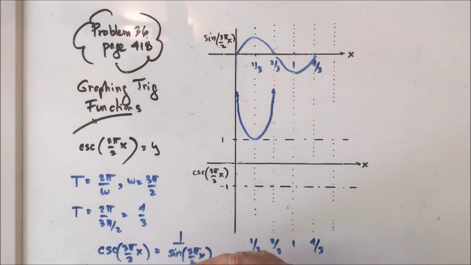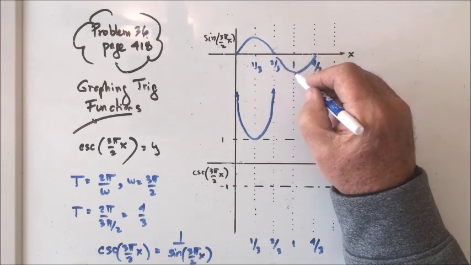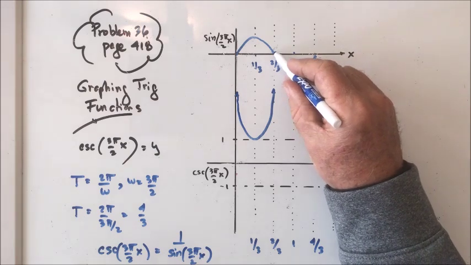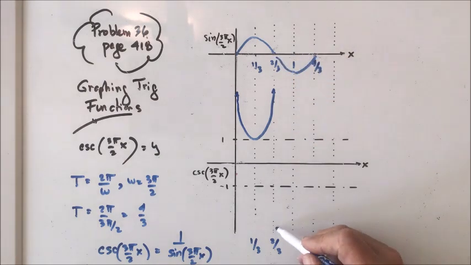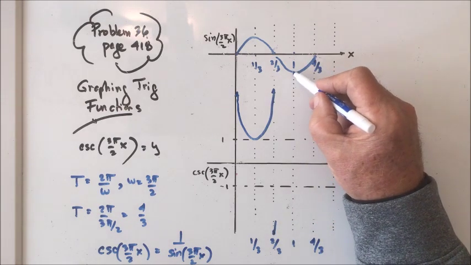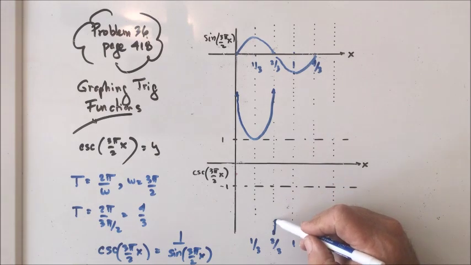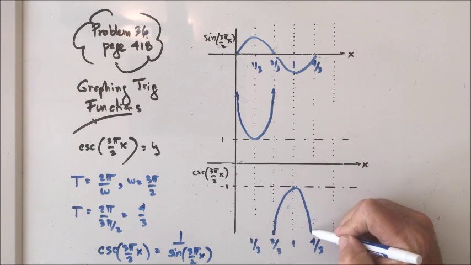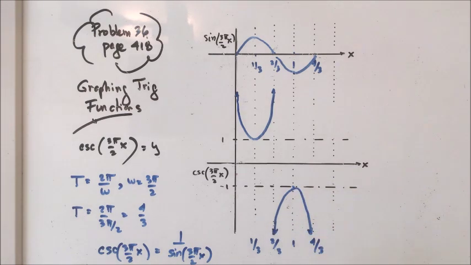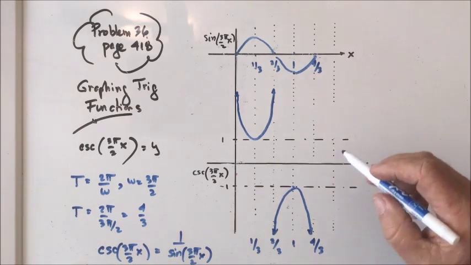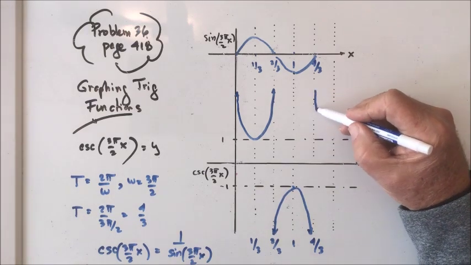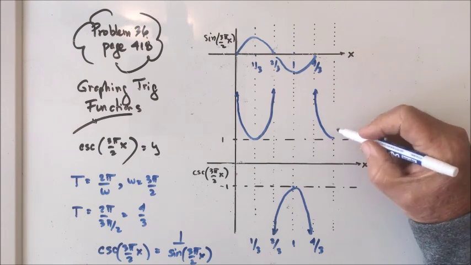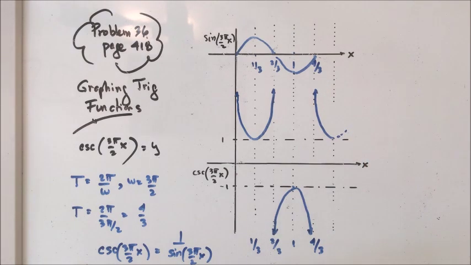So cosecant is going to pick up that negativity, and as the sine gets closer and closer to 0, the cosecant is going to be heading towards negative infinity. As we get here to -1, 1 over -1 is -1. That's where we are right there, and then back down. And there's a cycle of the cosecant. We'd pick up the other cycle starting right here, like that. Okay, I hope that's understandable.